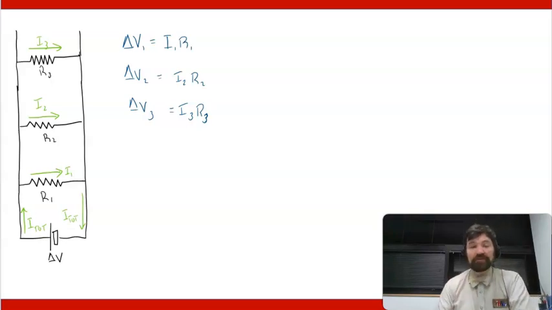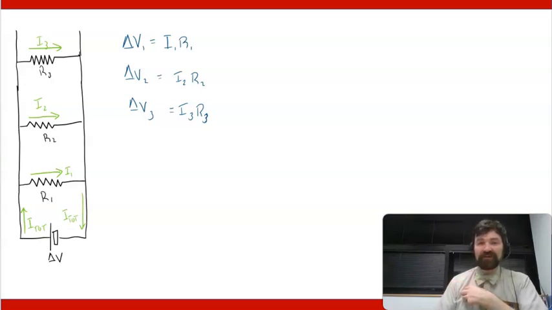Now, how do we know that the current is different for each one of these? Well, it's allowed to be. And so since it's allowed to be, we have to kind of denote it this way until proven otherwise. Why is it allowed to be? Well, because an electron that gets to this point right here, for example, can either go this way or go this way.